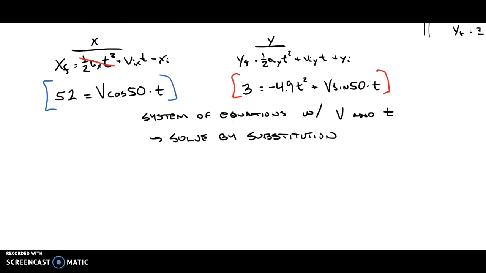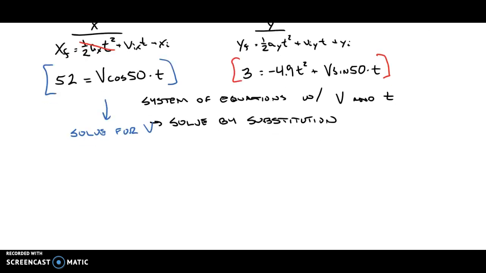So I'm going to take the equation, and I'm going to solve for v. And in order to do that, I'm going to divide by cosine 50 times t on both sides.